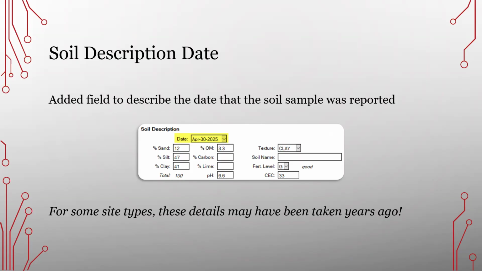Your sand, silt, clay, those different pieces up at the top there. Depending on your site type, maybe you don't take that sample that often, so being able to have a note of how long ago that took place when it was reported is the use for that value there.